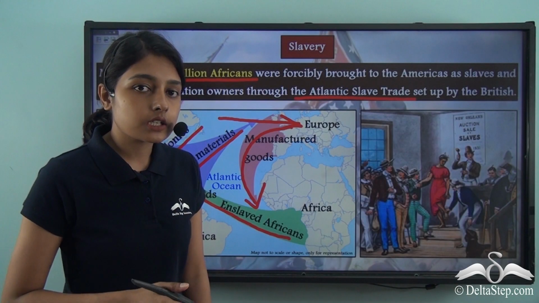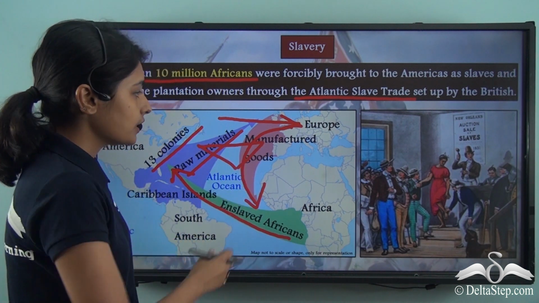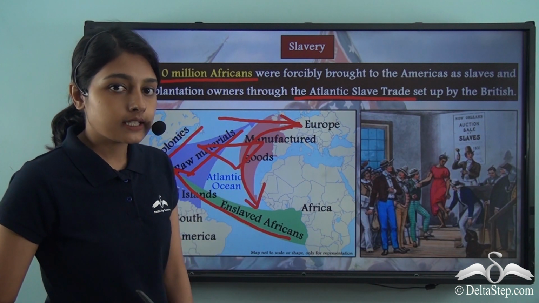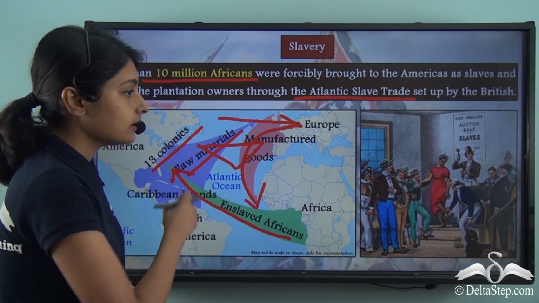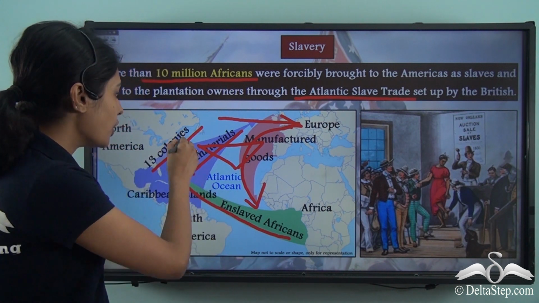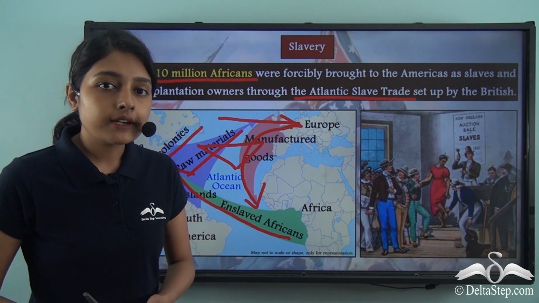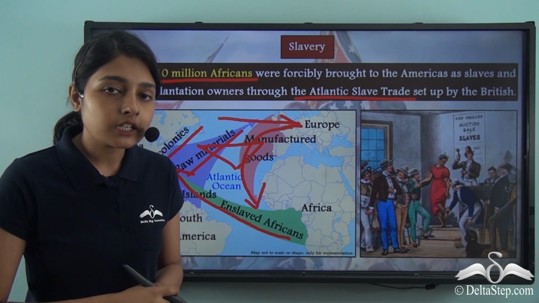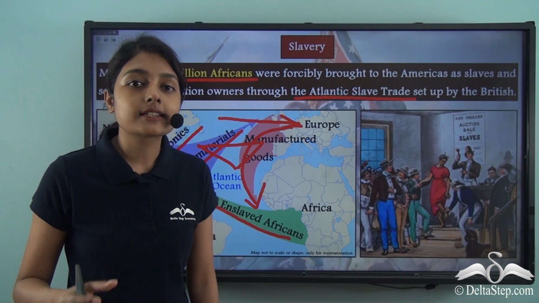So you can see here a triangular pattern of trade, with Europe, that is Britain, on the one hand, Africa on another, and the 13 colonies that North America housed on the other. North America, or the various plantation owners, got these enslaved Africans as their slaves.